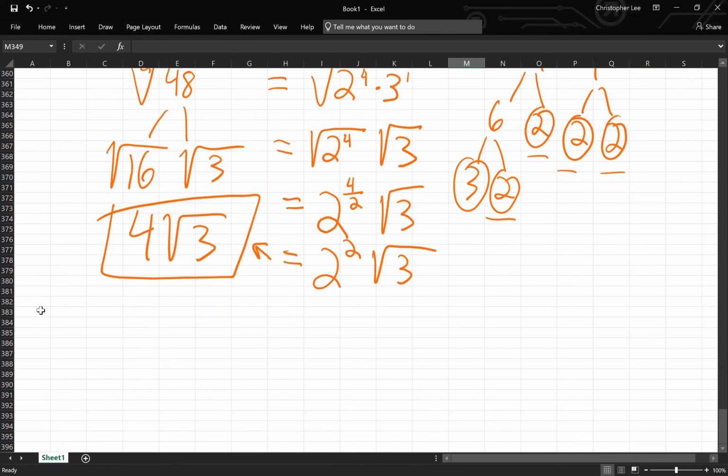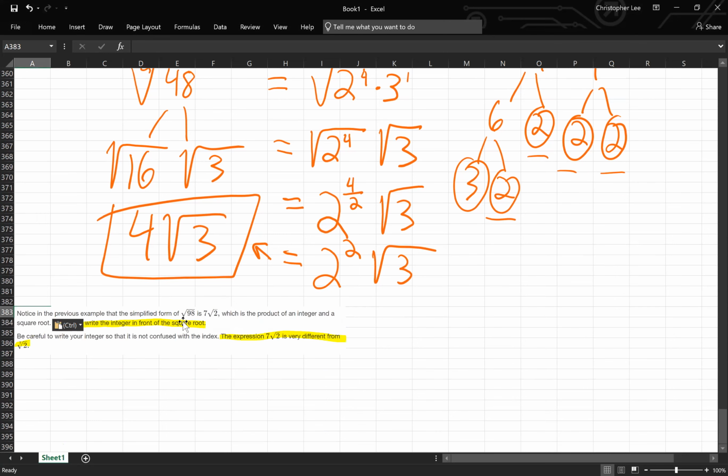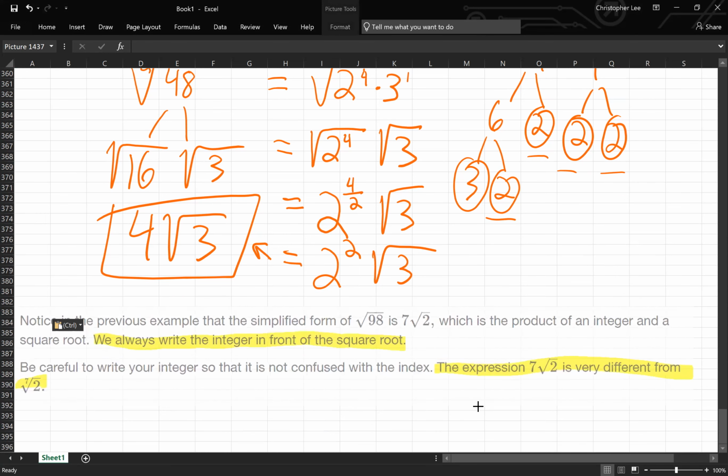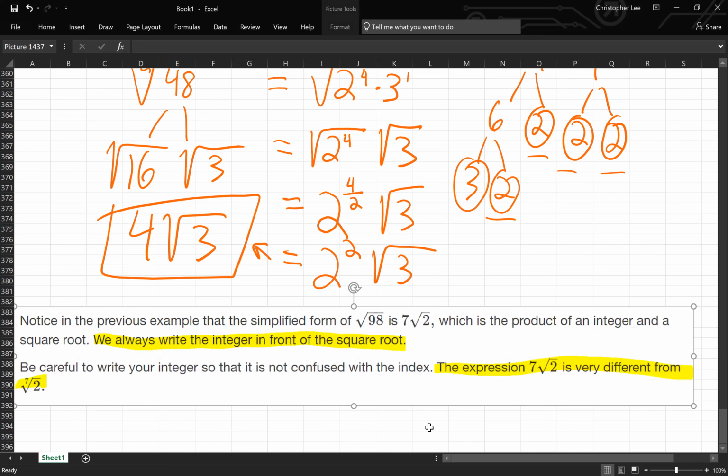So yeah, we got more coming. Perfect square. So look, notice in the previous example that the simplified form of square root 98 is 7 square root 2, which is the product of an integer and a square root. We will always write the integer in front of the square root.